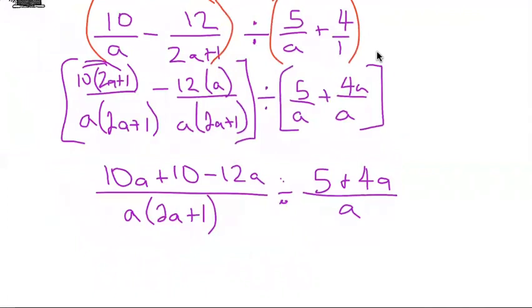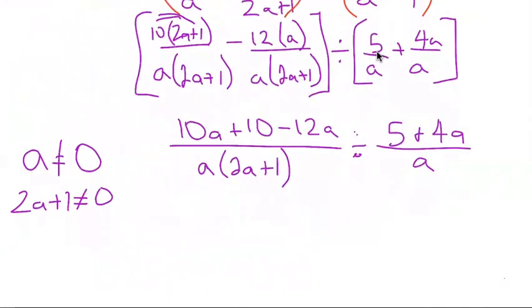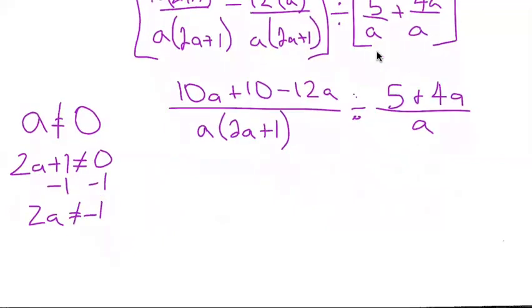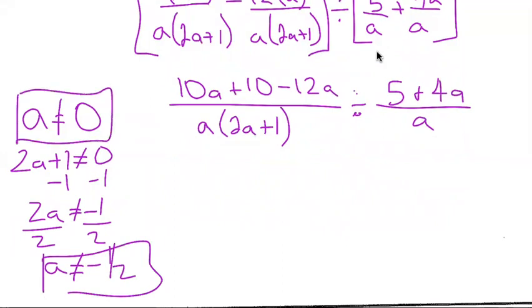My non-permissible values, a cannot equal 0. 2a plus 1 cannot equal 0. So subtract 1, 2a cannot equal -1. Divided by 2, a cannot equal -1/2. So far 2 non-permissible values.